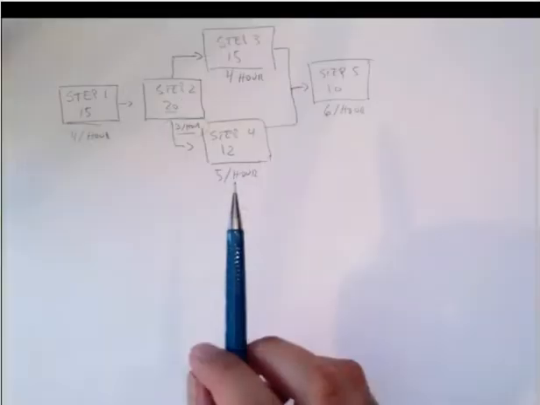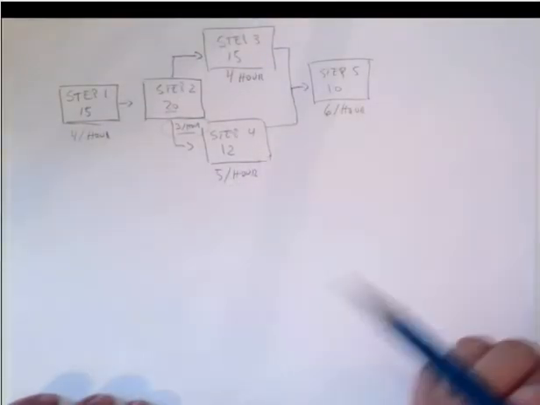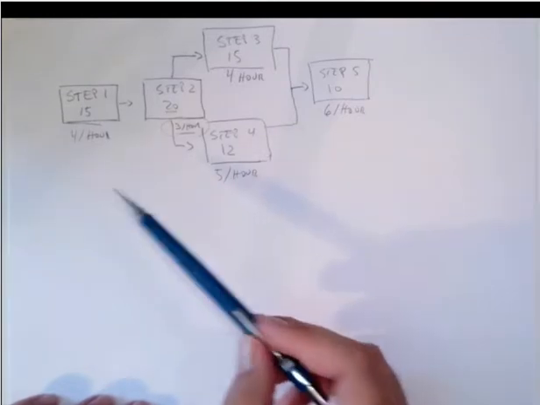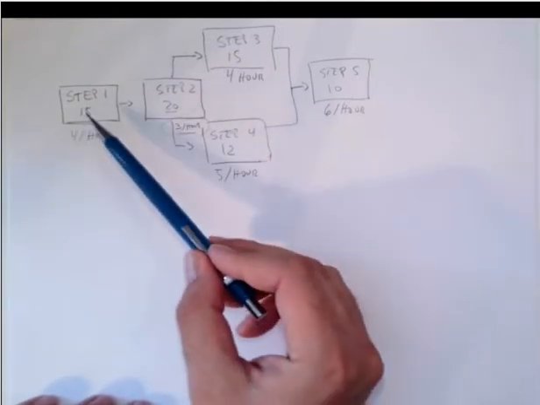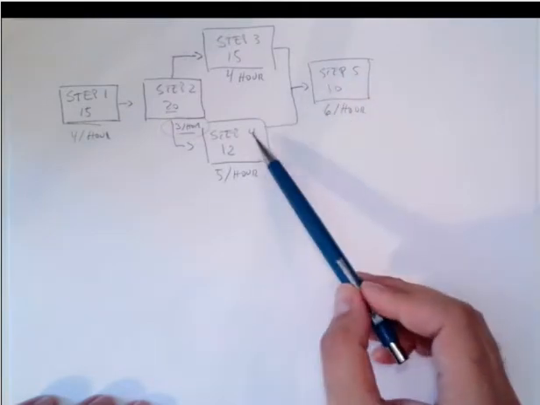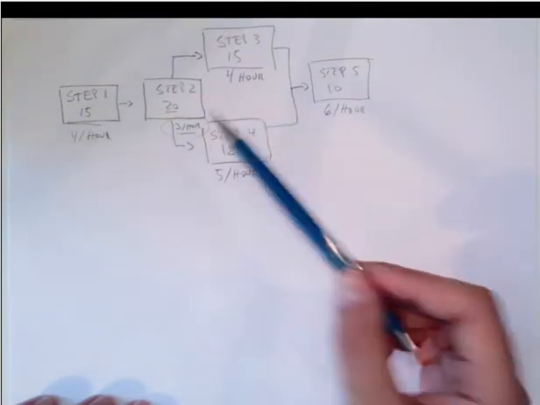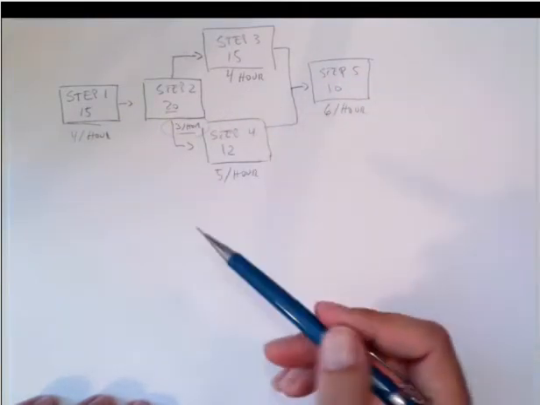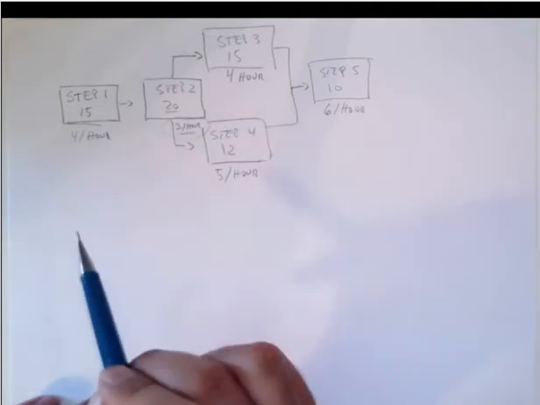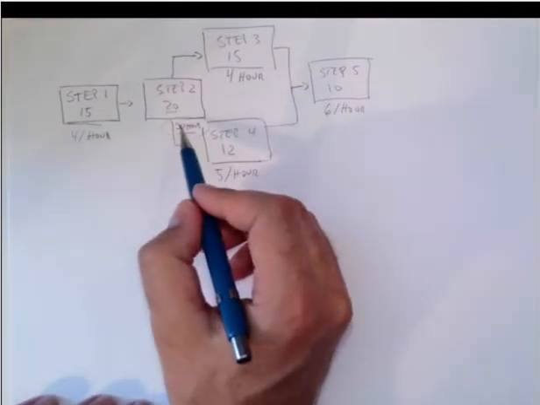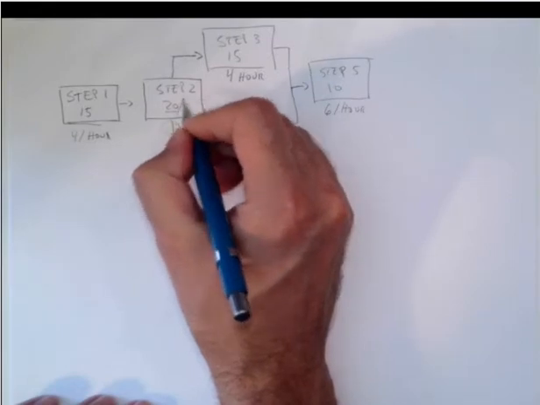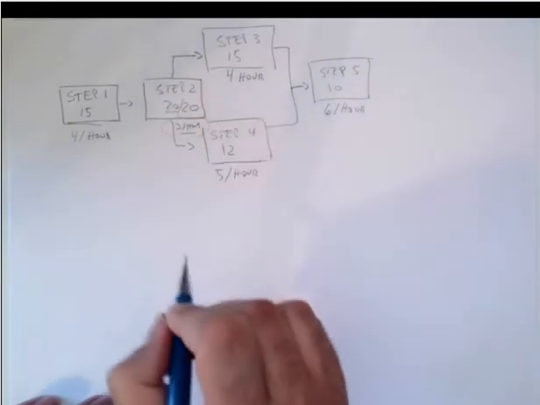Then you can think about how to increase capacity. It doesn't make any sense to improve process 1, 3, 4, or 5. If I put resources there, it's not going to increase the capacity of the whole system because this is still the bottleneck. What makes sense is maybe to put 2 people here, each doing one every 20 minutes.